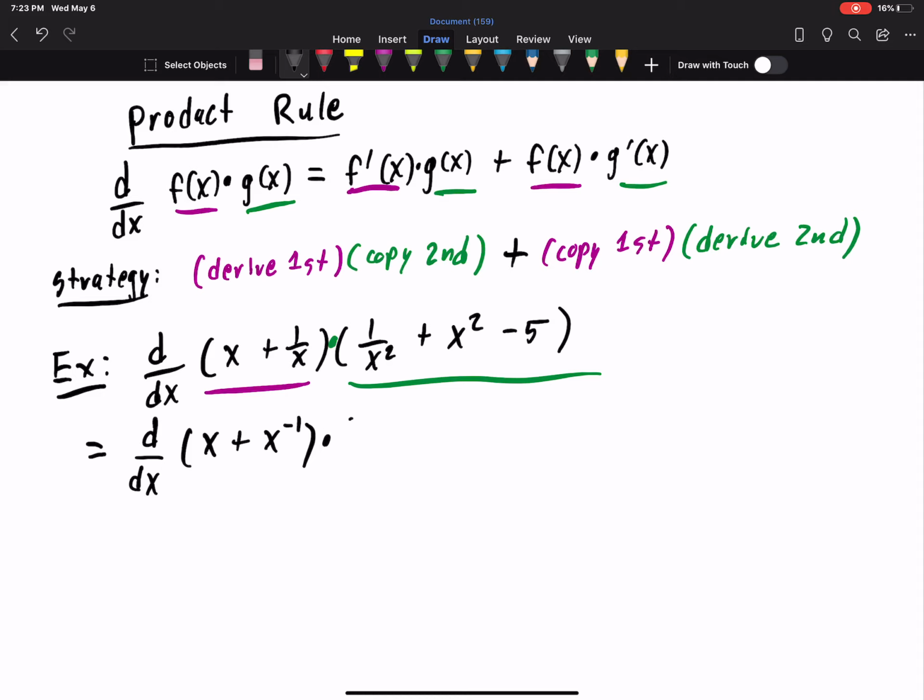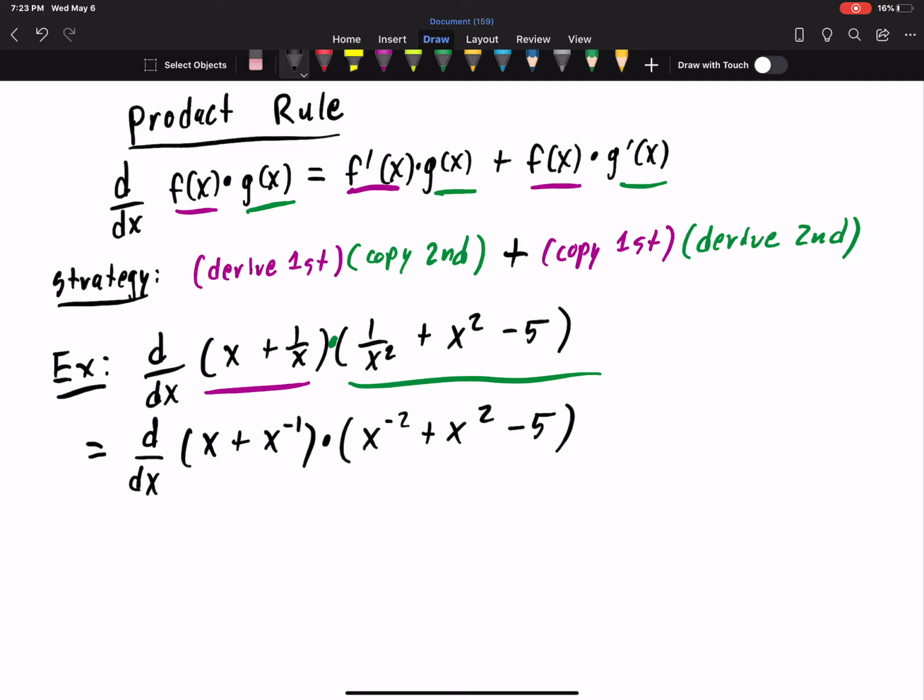And then we're going to do the same thing in the second quantity. So this gives us x to the minus 2. Then we have x plus x squared minus 5. Okay? So now all the exponents are up where they need to be. We have no fractions of x in it. We're all well and good because now we can derive these things using the power rule when the time comes.